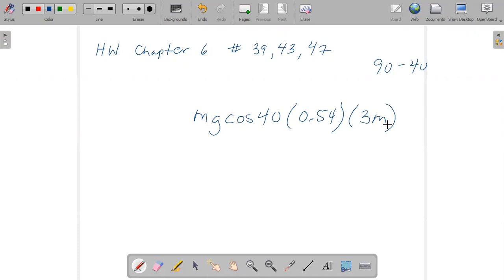And that is going to be negative 1.8 times 10 to the third joules. You could say the cos 180 here because that makes it negative. That's just negative 1, right? It's going the opposite direction. All right, and that is part C.